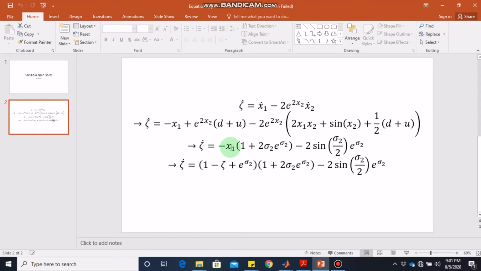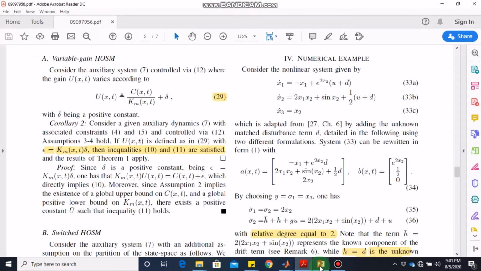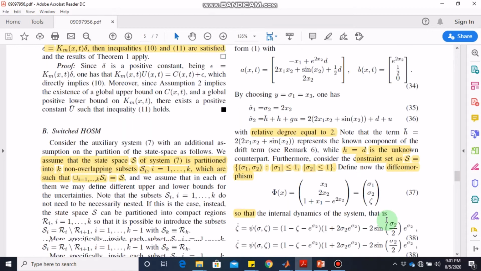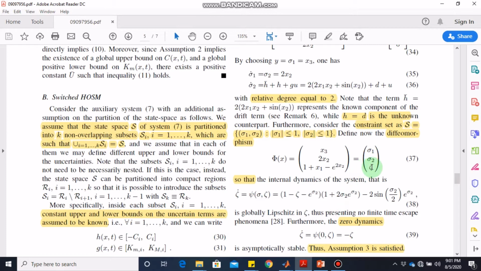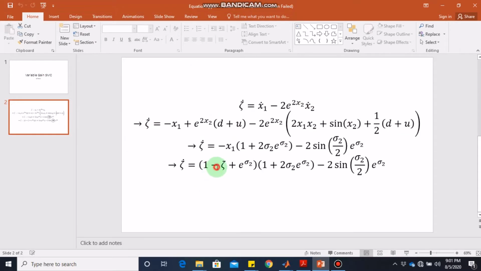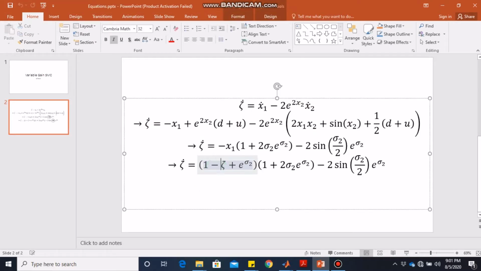So if you substitute x1 with 1 minus zeta plus e to the power say sigma 2, which comes from this diffeomorphism here, 1 plus x1, so this will be actually 1 plus zeta minus... So here there will be a plus here and a minus here.